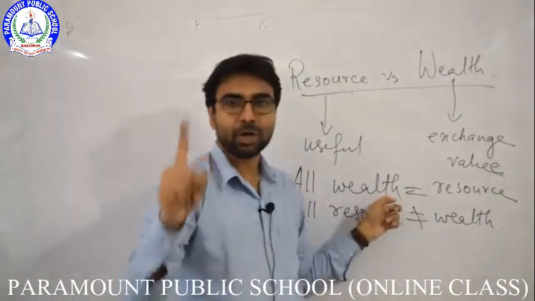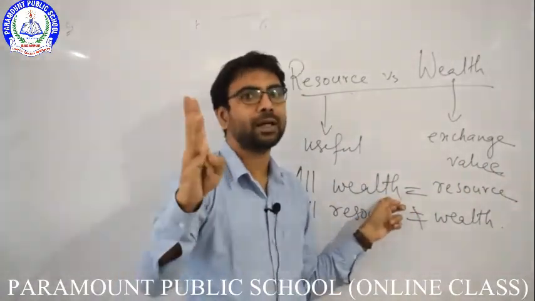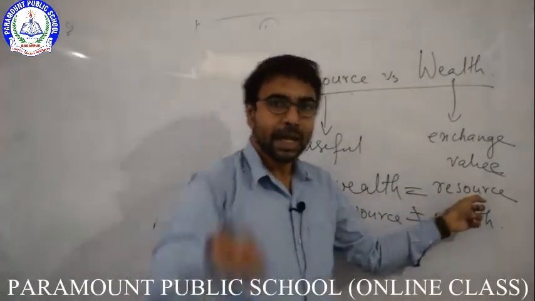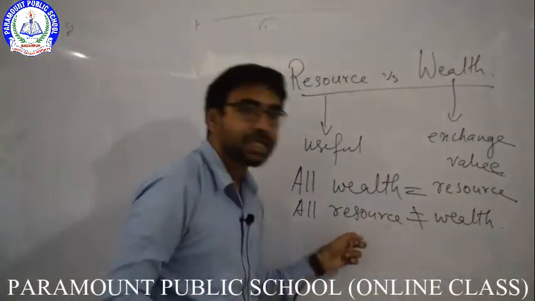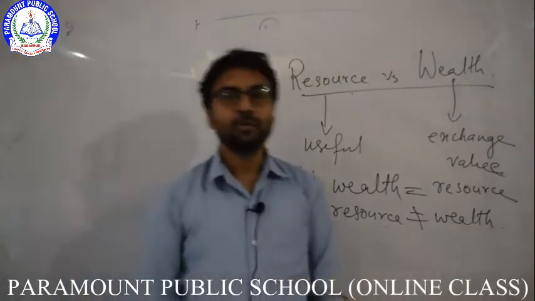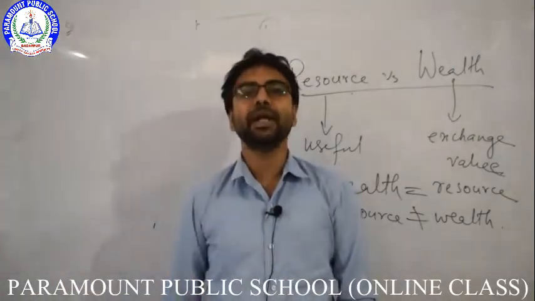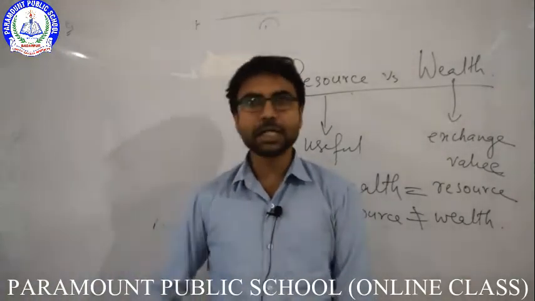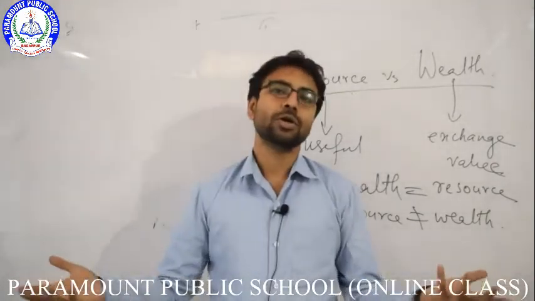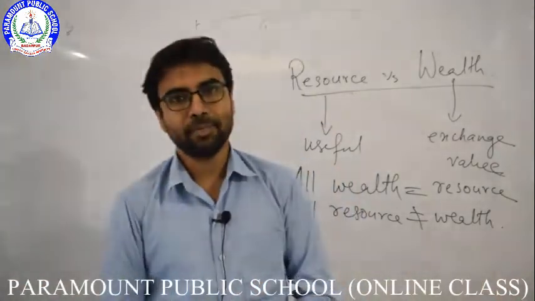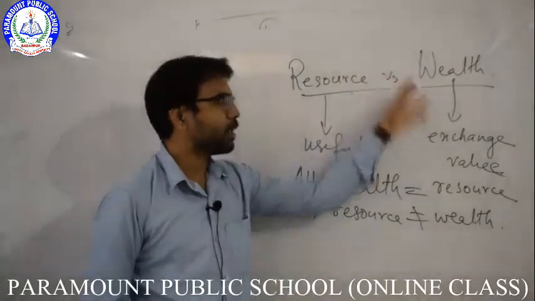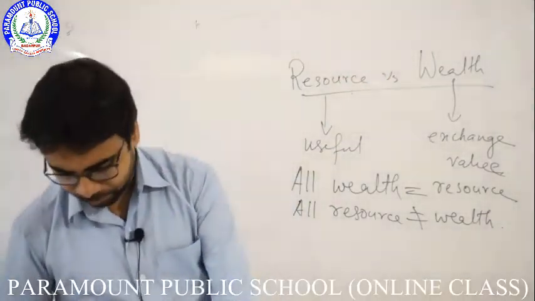All this wealth, petrol, coal, gold, is also a resource. Now I'll tell you some resources which are not wealth. For example, the air you are breathing in. Is anybody charging you any money for it? No. So it is a resource, but it's not wealth. So this is the difference between resource and wealth.